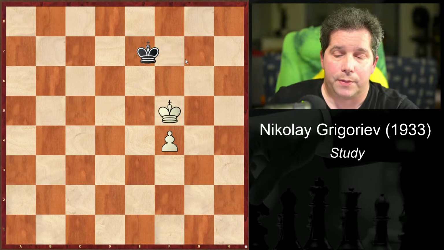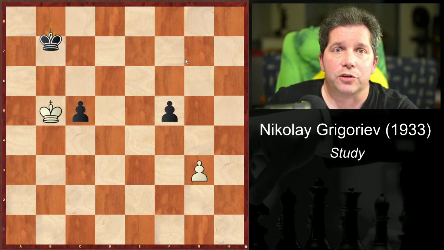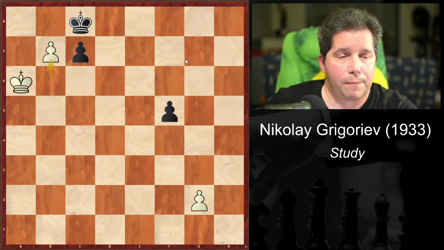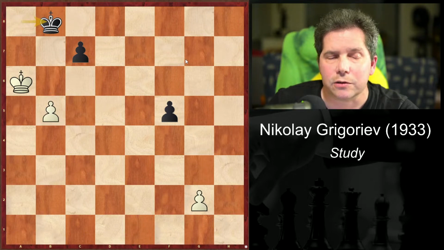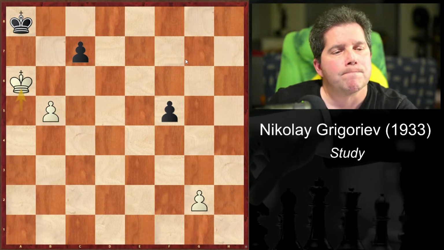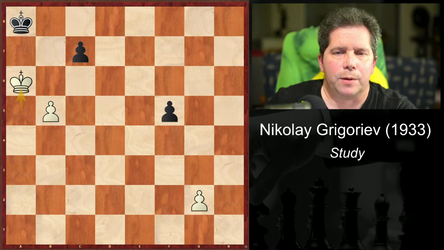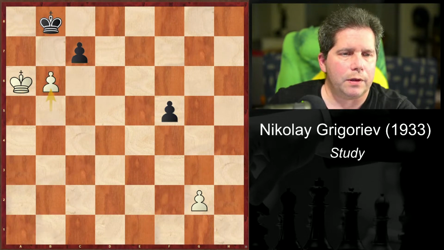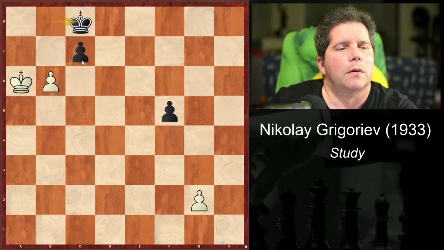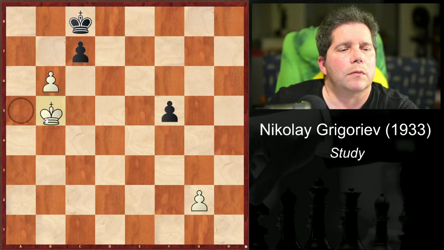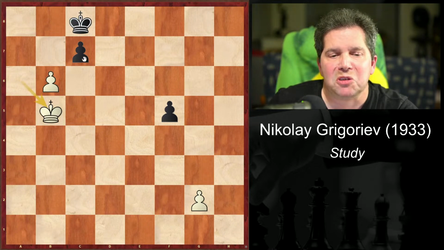Okay. So this is an illustration of the problem with that particular line. This particular, let's say, attempt. And I tried other things. For example, let's try, whoops. King b5, doesn't matter.